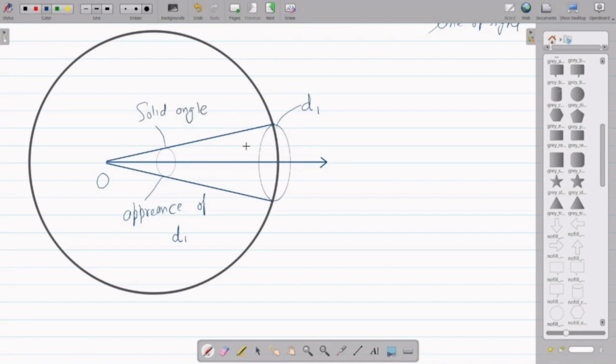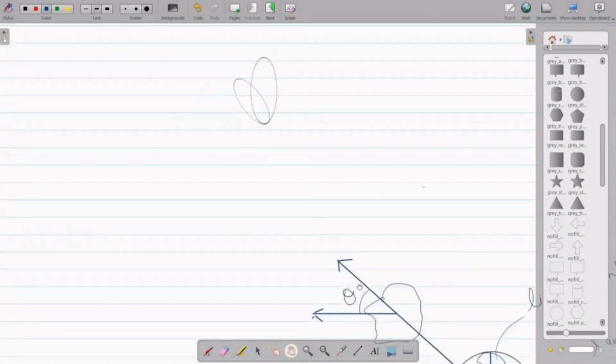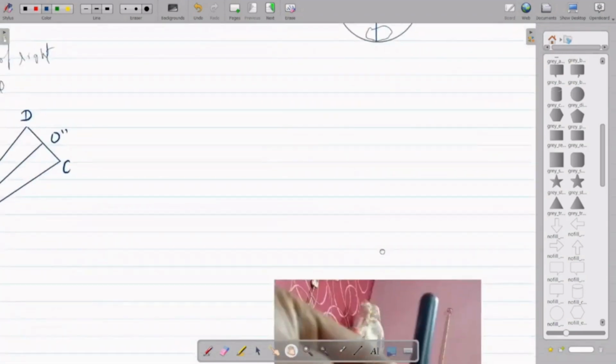Now you should ask one more question here: how does this represent the appearance of this disk D1? Now to answer this question, I want to show you something here. So for this, let me scroll it down.